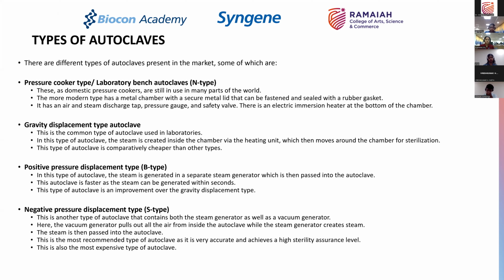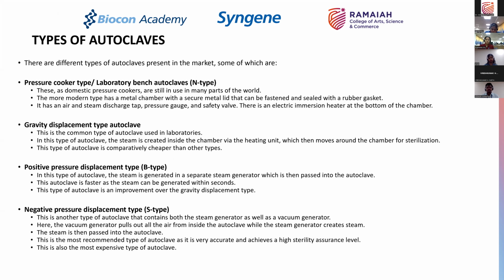Undoubtedly, all the types of autoclaves that we are talking about, whether it is a laboratory bench, gravity displacement, positive displacement, or negative pressure displacement, are today available in modern industry with a lot of automation, with enough controls.